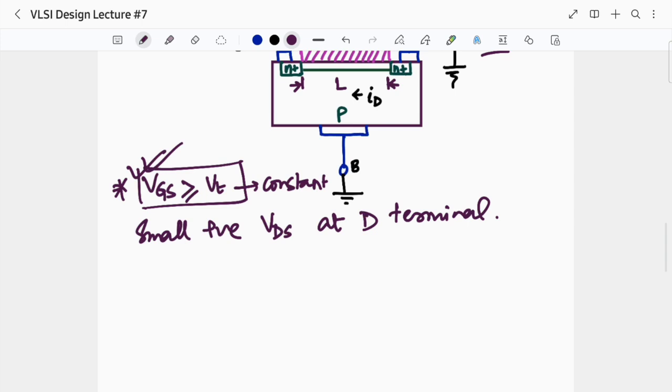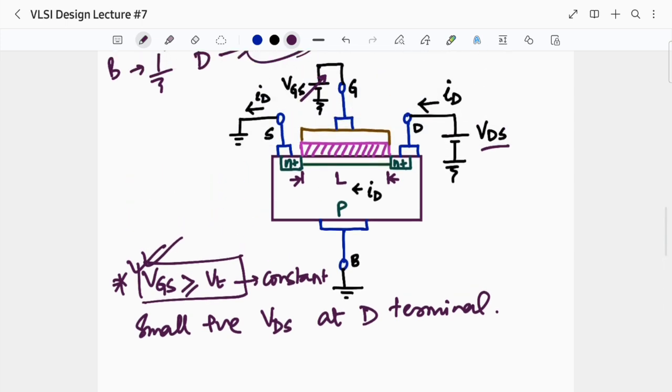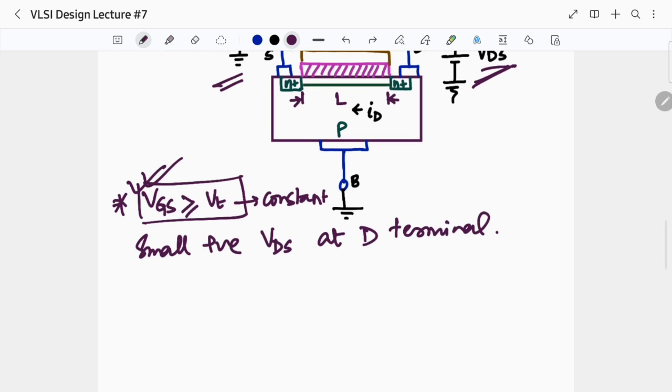Okay. So a small positive voltage is applied at the drain terminal. What happens? The source is grounded, VDS is applied, and we have already turned on our MOSFET with the help of gate VGS. Of course, one end is at 0 volts and a small positive voltage is given at point B. What will happen?